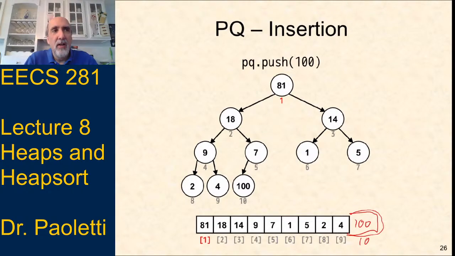Now, we don't have a function to help us with newly appearing nodes, but 100 has a higher priority than its parent. But 7 didn't used to have children. Think of it this way: 7's left child, which didn't exist, had an infinitely low priority.